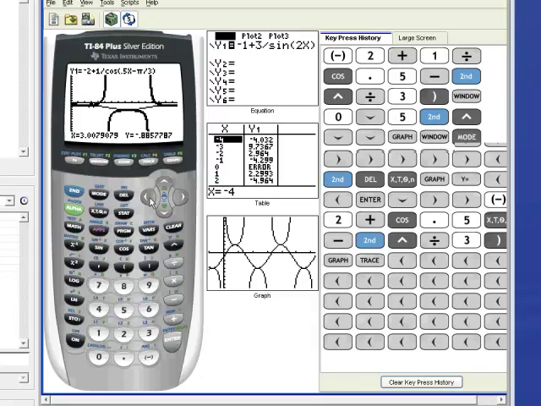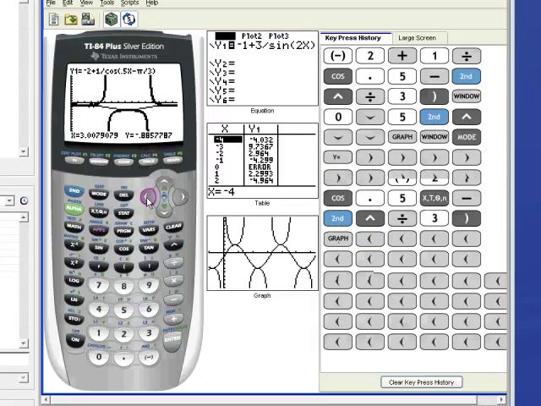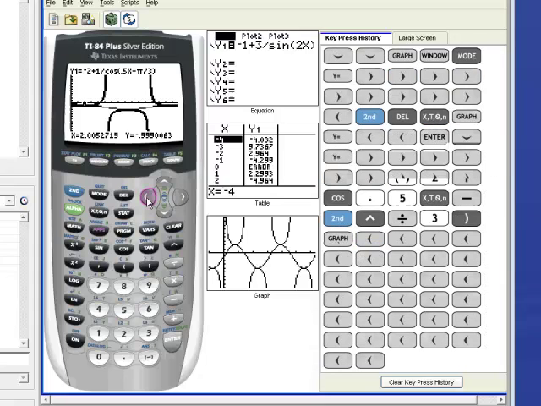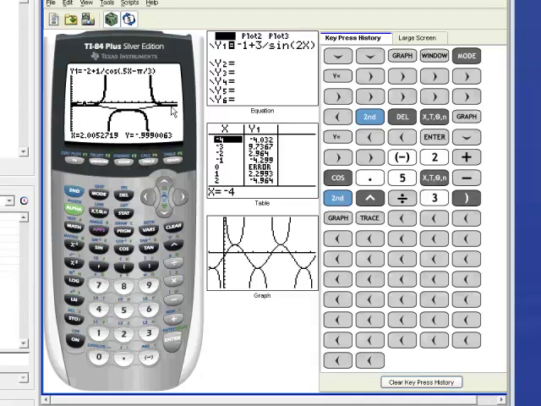So right about here is where our phase shift is 2. And then the other phase shift, plus a period of 4 pi, gets us up to almost 15, and that's why I stretched it out to 15 over there.